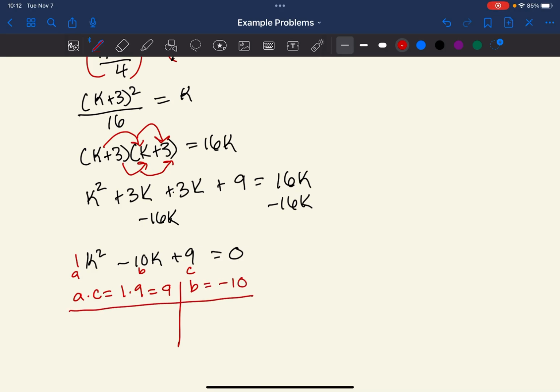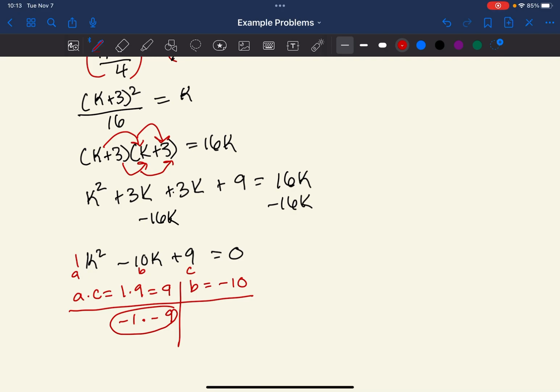So we need two numbers that multiply to 9 but add to negative 10. Those numbers would be negative 1 and negative 9, because when we multiply those, we get a positive 9, but when we add them, we get a negative 10. So these are the numbers we're using.